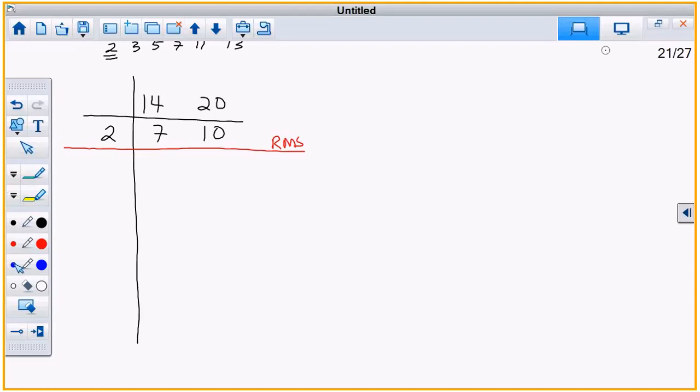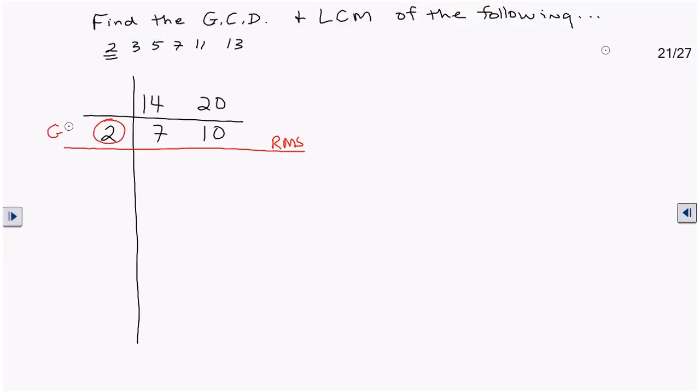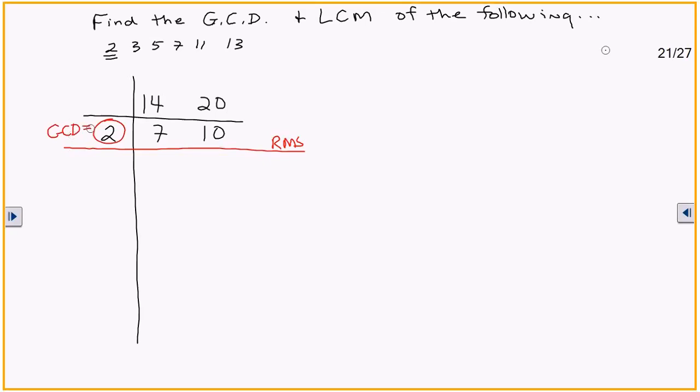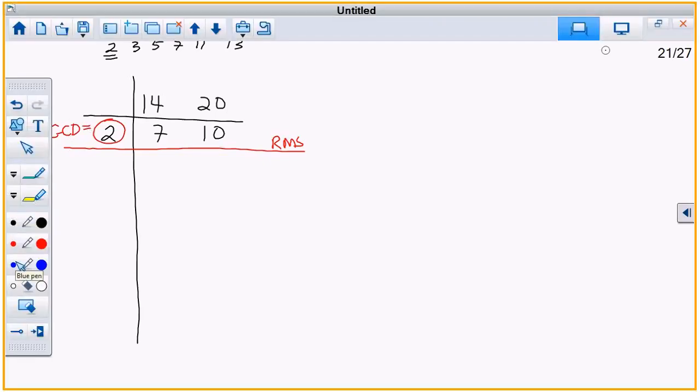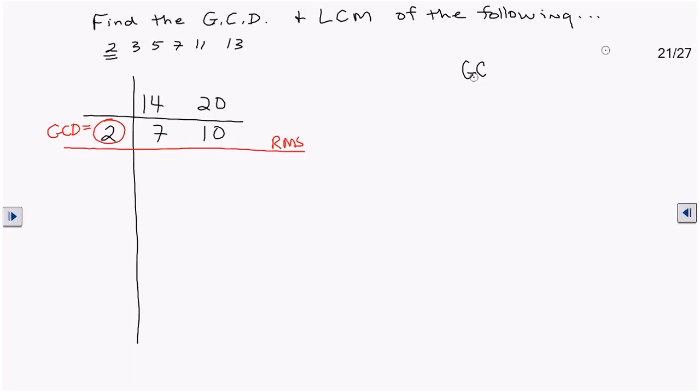So you have found, when the real math stops, that number right there is your greatest common divisor. So what does that mean, Hubert? That means that 2 is the biggest number that will go into both 14 and 20. 2 is the biggest number that will go into 14 and 20. So we're going to go over here and write that down. Our greatest common divisor is equal to 2.